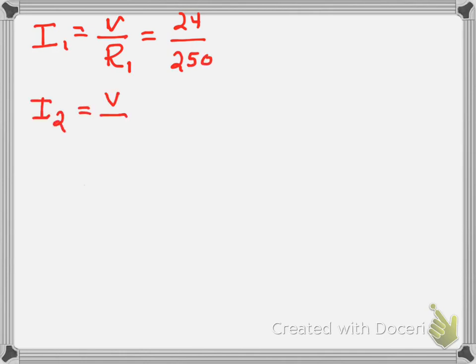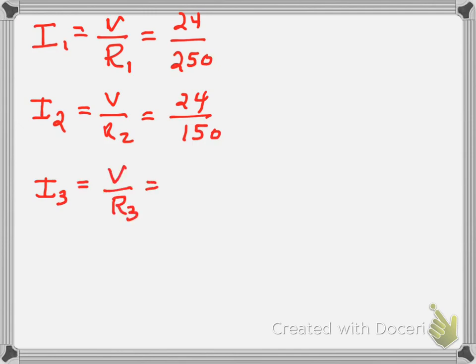I take the voltage, which is constant, divided by resistor 2. So that one's going to be 24 divided by 150. And then for the last resistor, the current flowing through it is going to be voltage divided by resistor 3, which is 350.